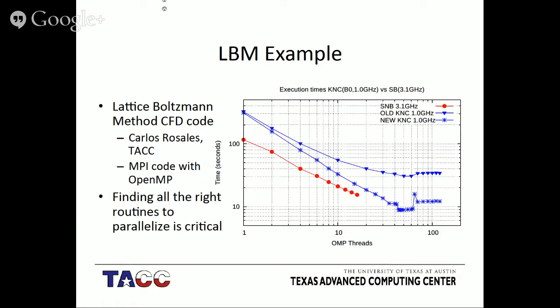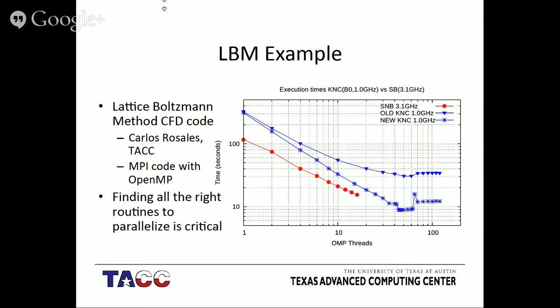And I have 2 slides at the end where you can see 2 examples from our colleague Carlos. So he's doing a scaling study here on the host. That's a red line up to 16 cores. And 2 blue lines, the upper line is from some older test hardware that we have, and this line is from the hardware that we actually have in Stampede.